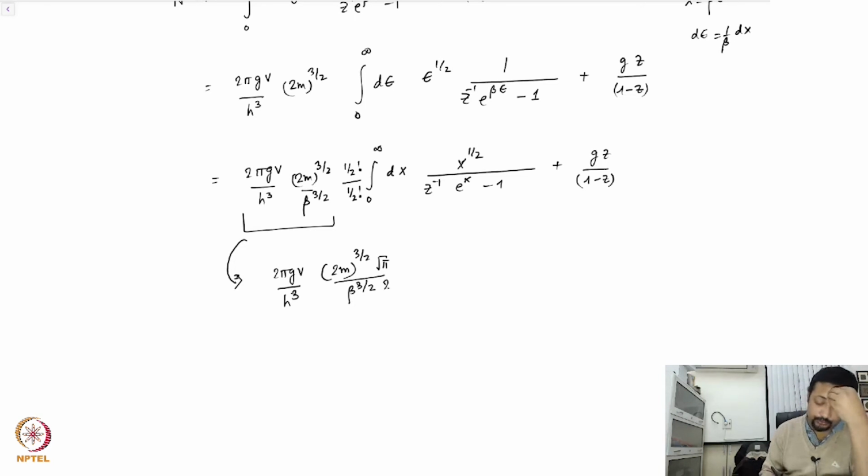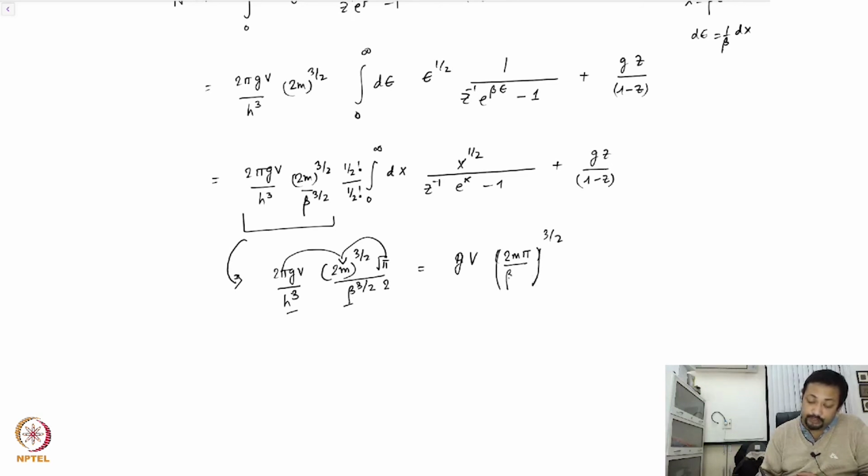So this has to be square root pi by 2, which is gV. The pi and square root pi will go inside over here to give you (2m pi) raised to the power 3/2. h cubed and beta to the power 3/2 can be combined to give you beta h squared, so that you have gV over lambda t.